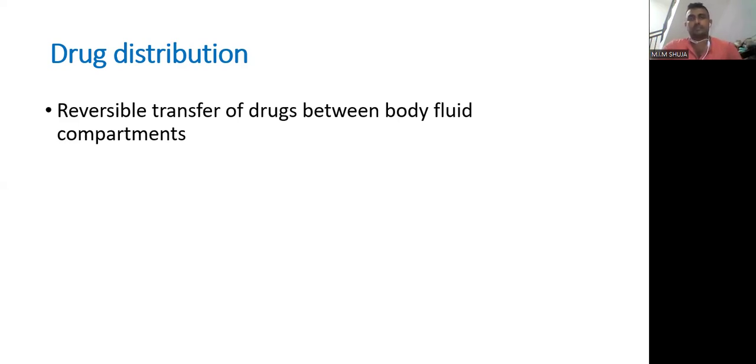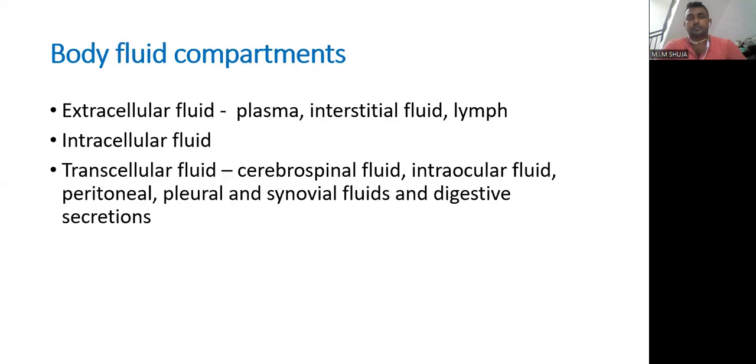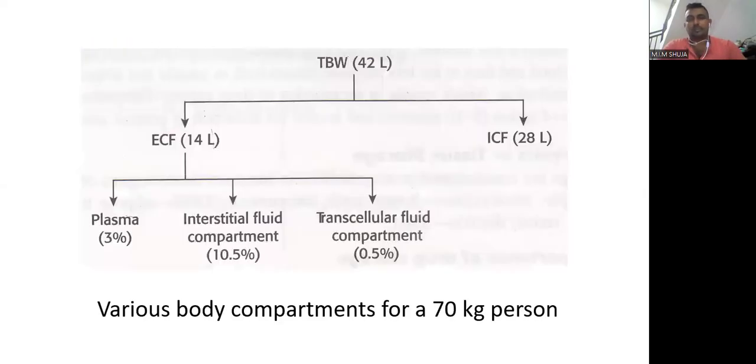Basic definition is reversible transfer. Okay, the word is very important. Reversible transfer of drug between body fluid compartments. So you have mainly three kinds: extracellular, intracellular, and among those there is the transcellular. So this is the normal distribution. We have seen enough of this in physiology.